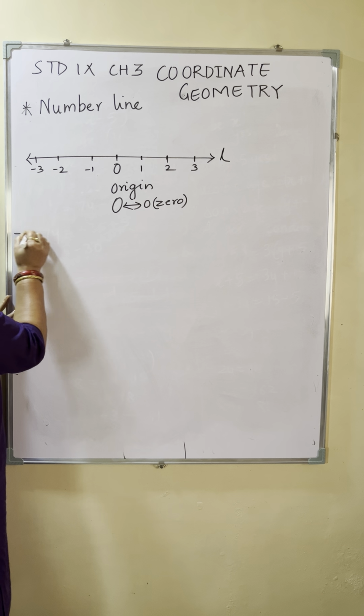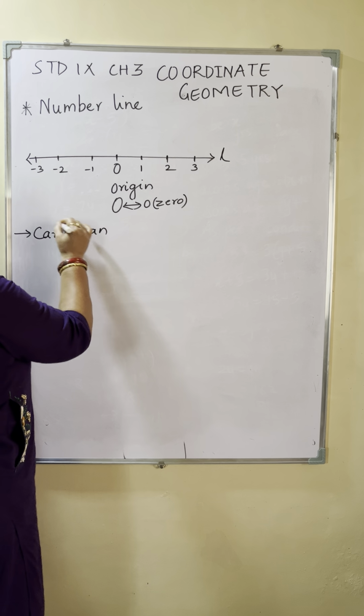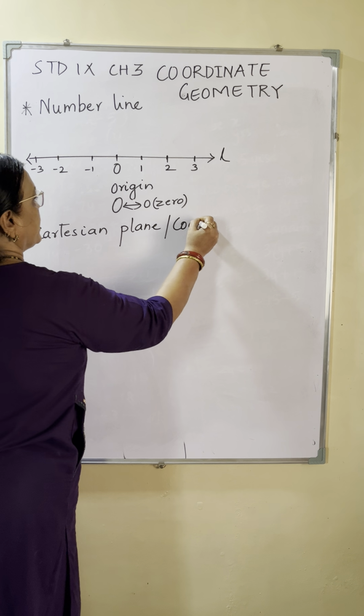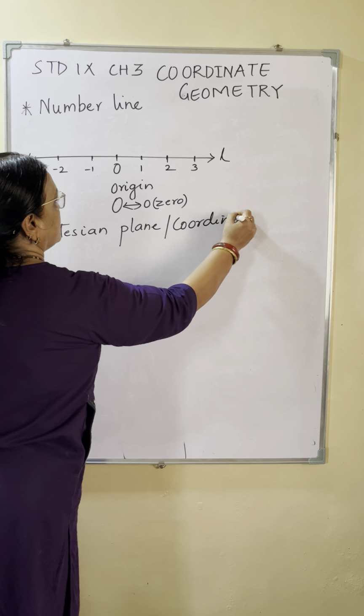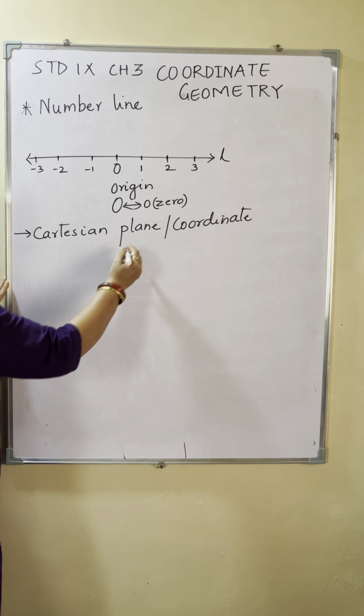Now we go to the second topic, that is the Cartesian plane or coordinate plane. Now suppose imagine this board to be a plane.